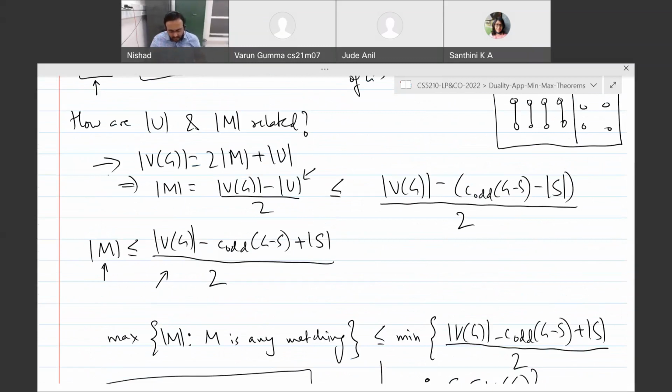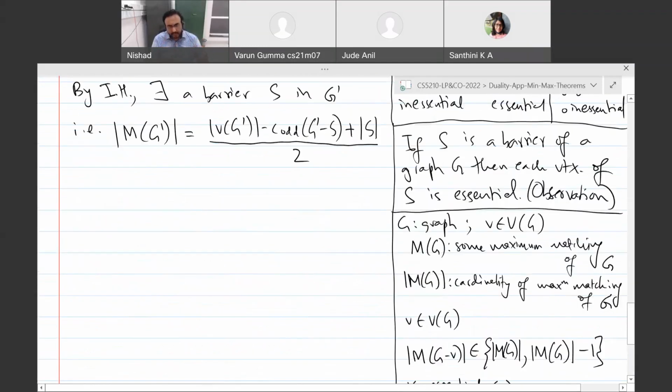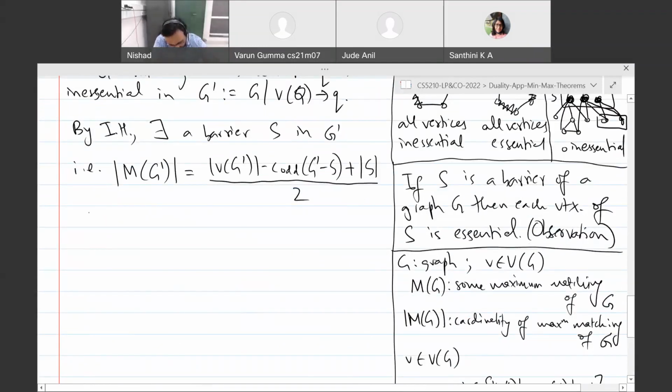It's just going to be a bit easier to think about than doing lots of big manipulations. So that is the same as saying that the number of exposed vertices in G prime is exactly this quantity, where I have to flip the second sign, right? So it's exactly equal to the number of odd components.